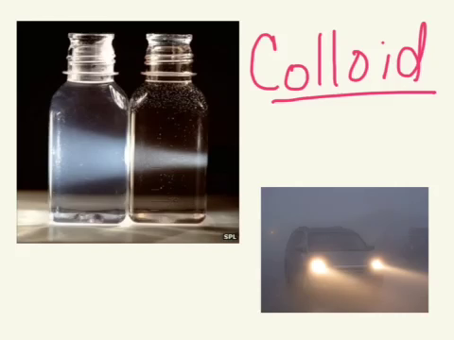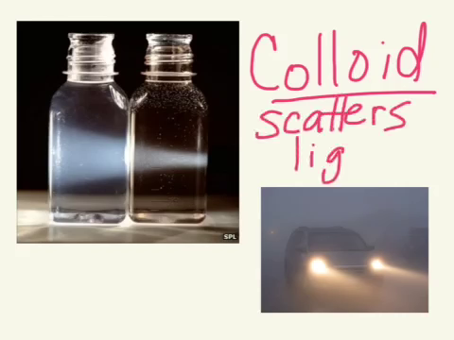In a colloid, the particles are really, really tiny, like fine dust particles, and they don't settle out and you can't really see them, but what they do is they scatter light.